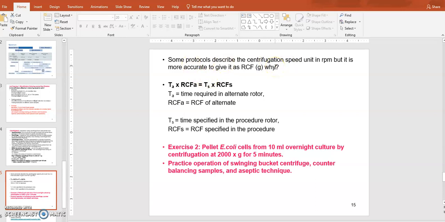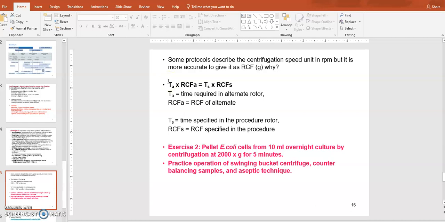Okay, and then when you centrifuge your sample, of course, how long you centrifuge is also relevant. So there's the time factor, right? When you present the centrifugal force, do you present it for about 5 minutes, or about 10 minutes? Time is another factor that influences your separation in your centrifugation condition.